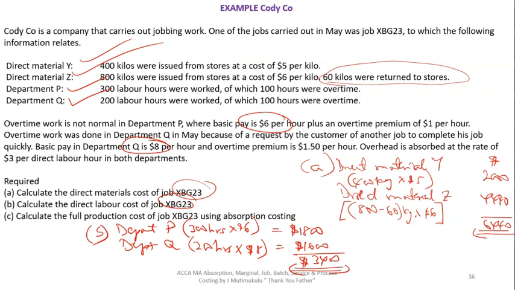So that means the overtime premium will be charged to overhead in the case of department P. So the overtime premium is actually an indirect cost to department P.